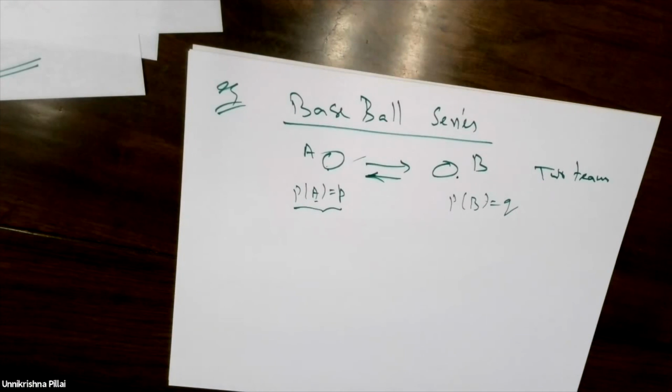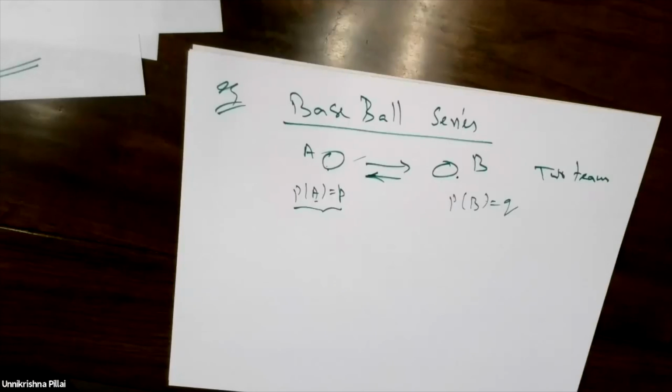Anybody know, in the baseball final series, how many games do you play to win the series? Anybody? At most 7. I don't know, honestly. So the teams can play up to 7 games, and what is the rule?